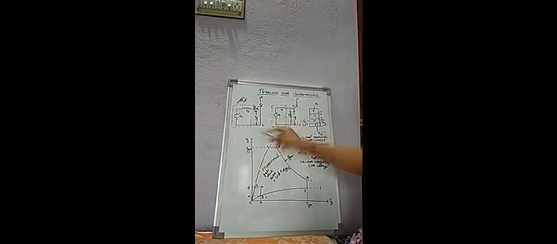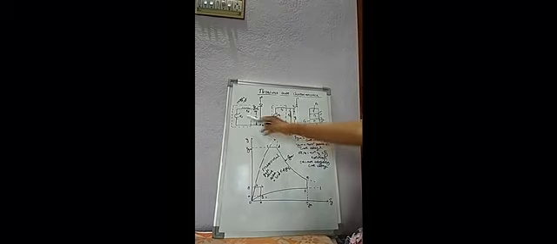Here there is a gate and cathode. Across gate and cathode we give a supply voltage, connect the supply voltage ES with internal resistance RS. So in this trigger circuit, ES is the source of voltage connected across gate and cathode.